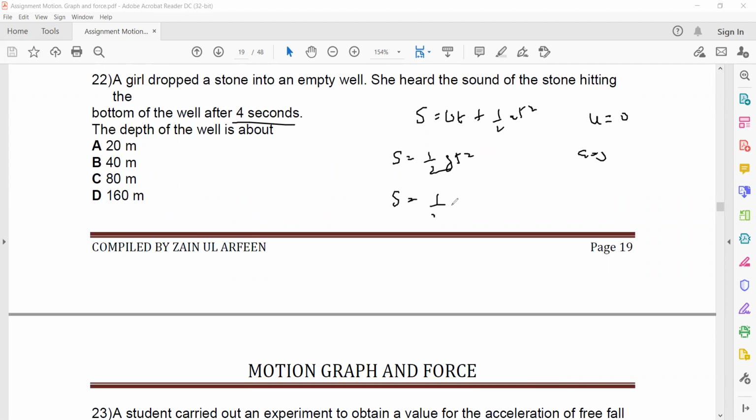So S is equal to 1 by 2 into 9.81 into 4 square. 4 square is 16 divided by 2, that is 8, and 8 multiplied by 9.81 will come out as 80 meter. C will be the right answer.